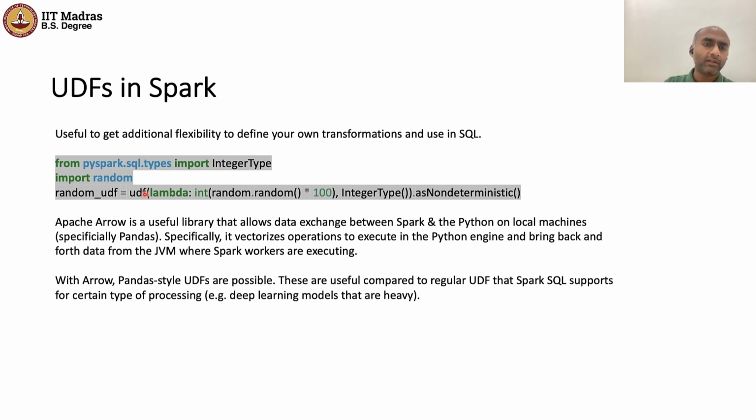To work around that, the vectorization and the use of Pandas style UDFs is actually very beneficial, because then what happens is, at the point of invocation of the UDF, you could actually segregate it into declaration and the actual invocation.